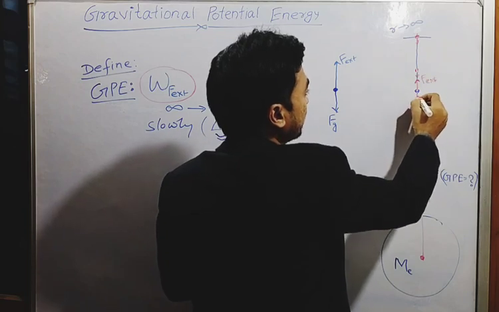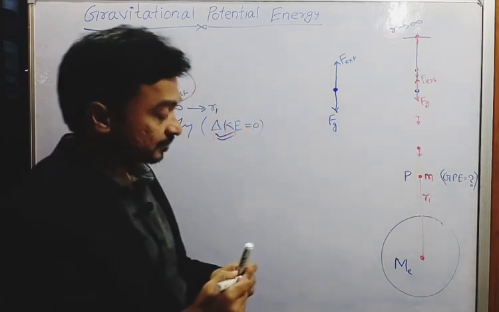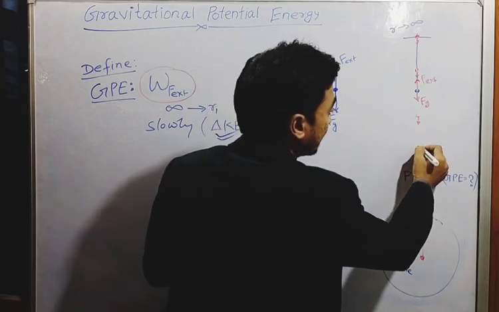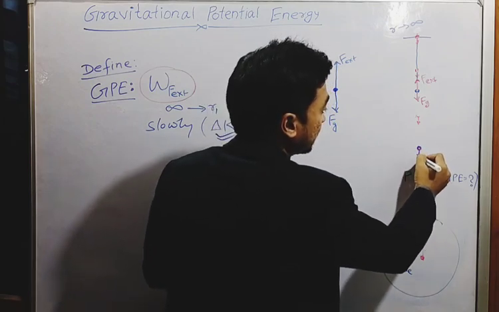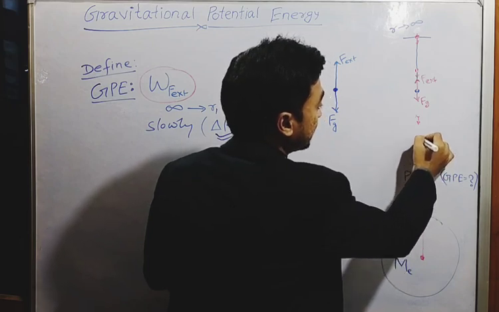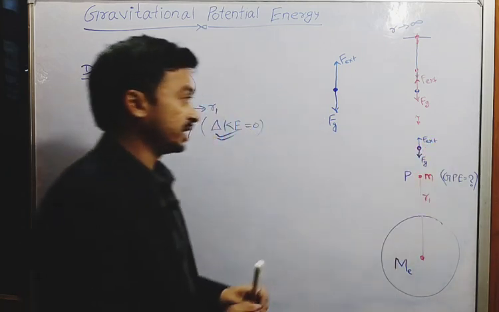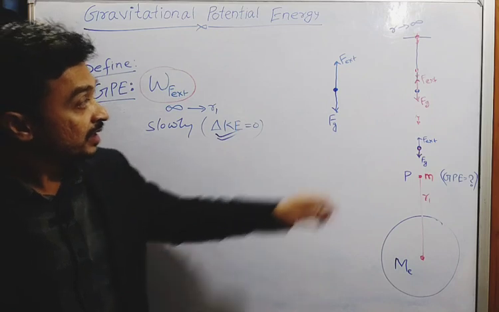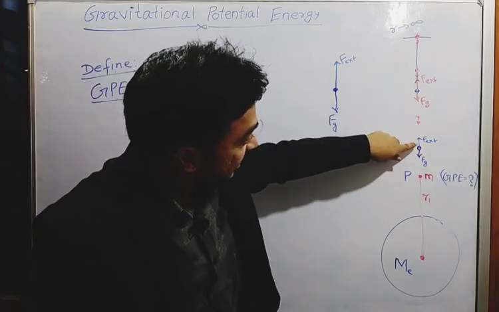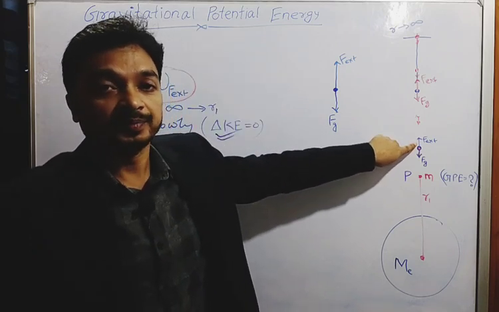After some time, this object is at this position. Here the gravitational force is acting on it, and to balance it, another external force is acting on it. The external force at this place and the external force at this place are not equal.